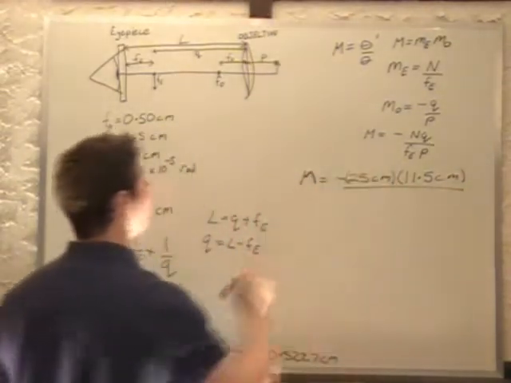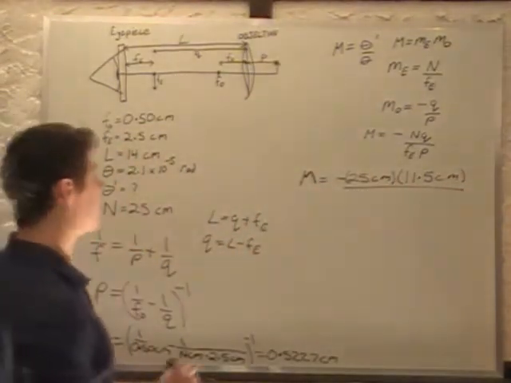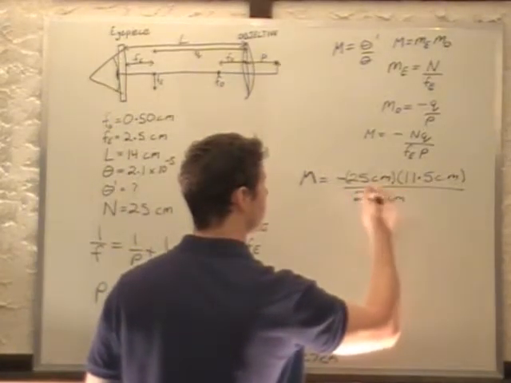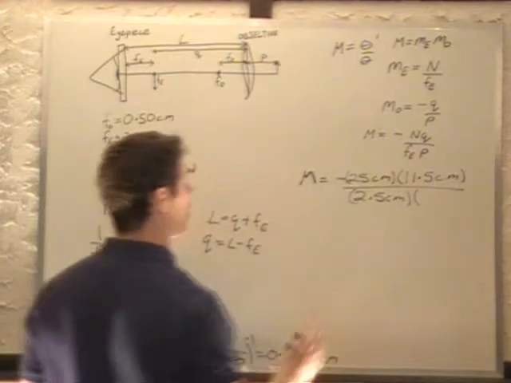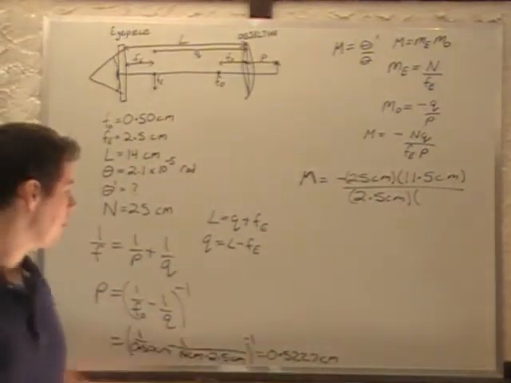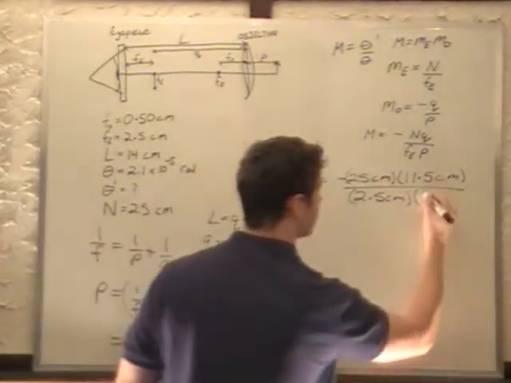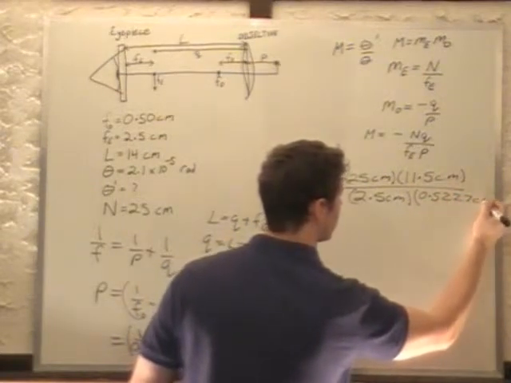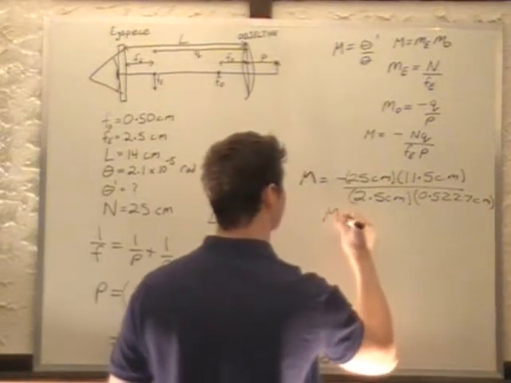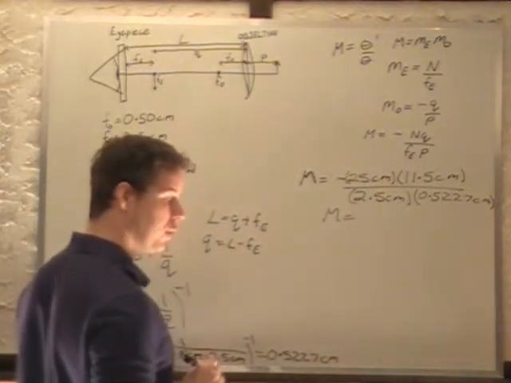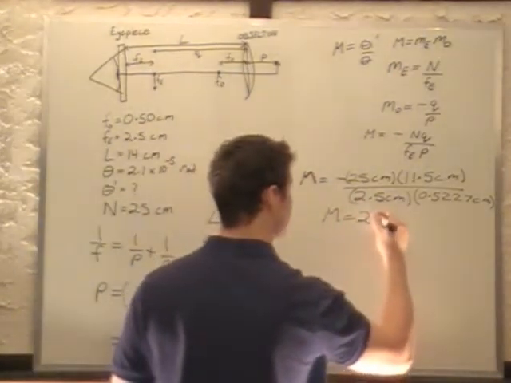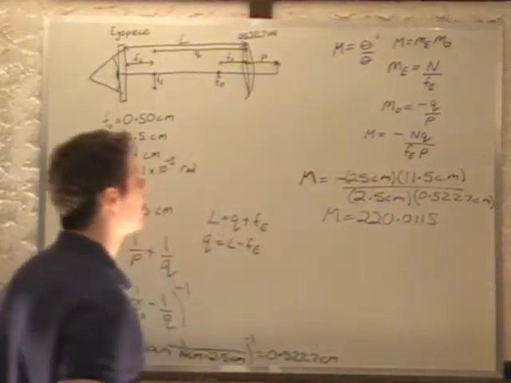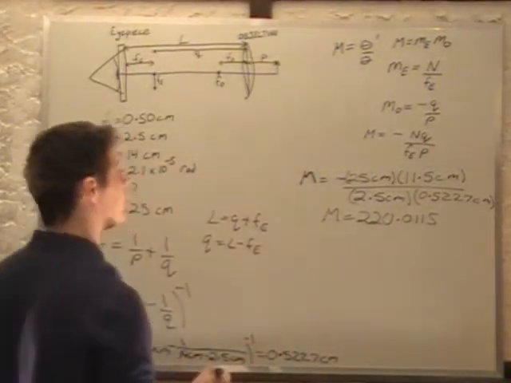Divided by the focal length of our eyepiece, 2.5 centimeters, times the P that we figured out to be 0.5227 centimeters. We get a magnification of 220.0115.